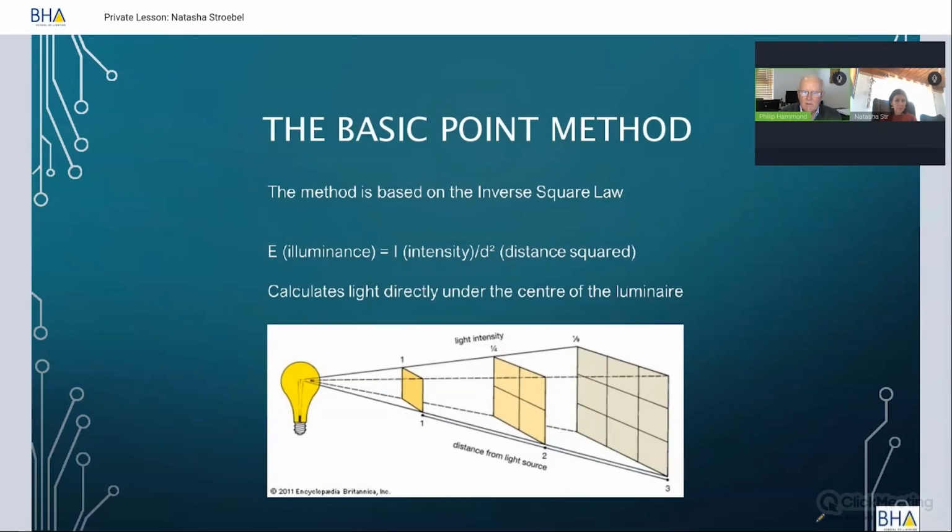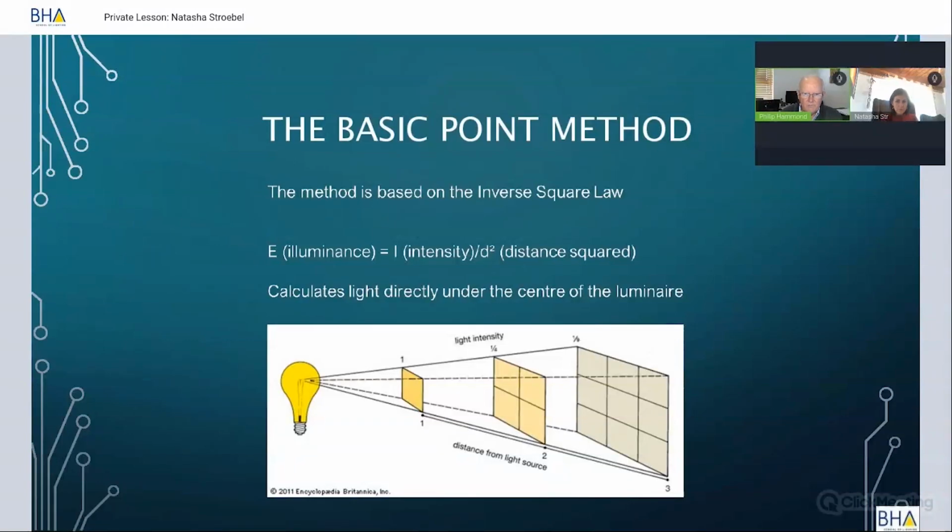What we have to understand with the point method is what it's based on. It is based on the inverse square law. It's a law in mathematics and in science. In lighting, we use it in this way, but it's also used for other calculations.